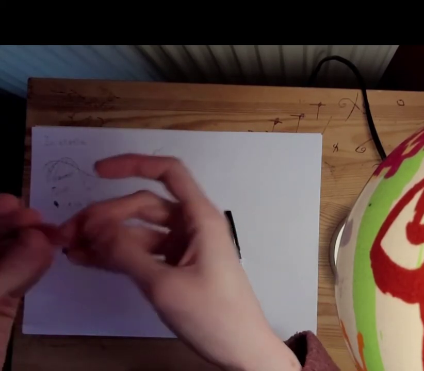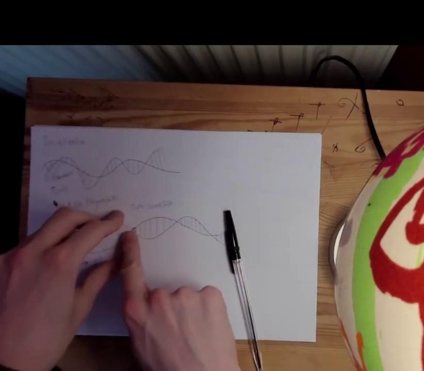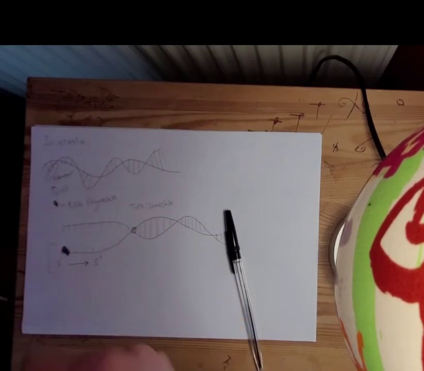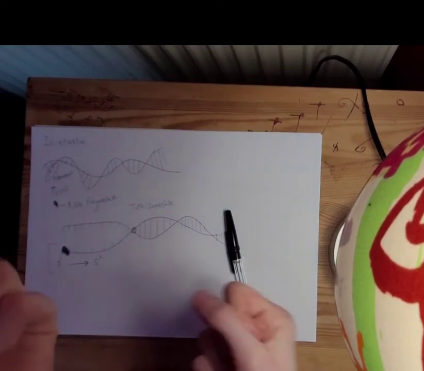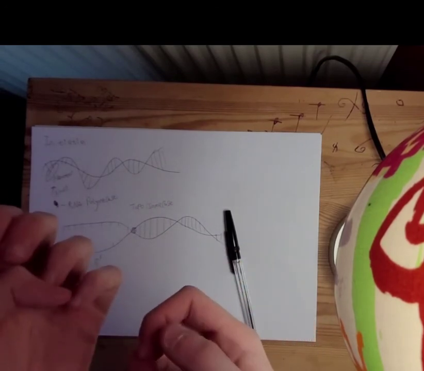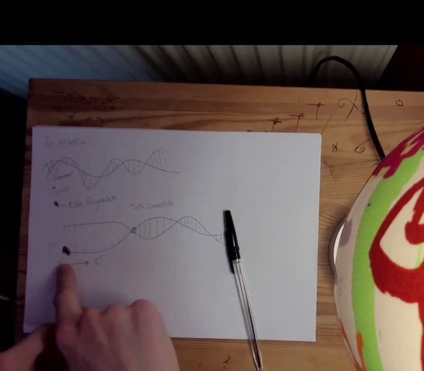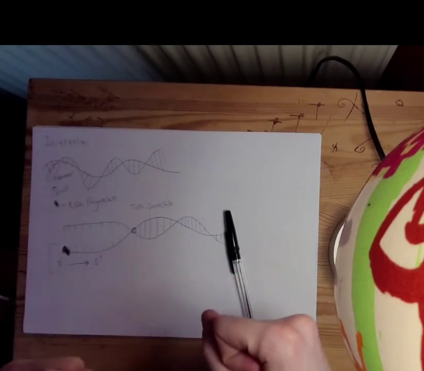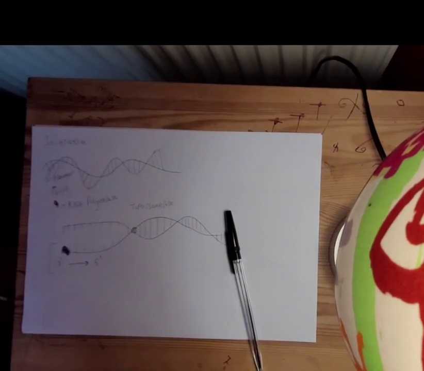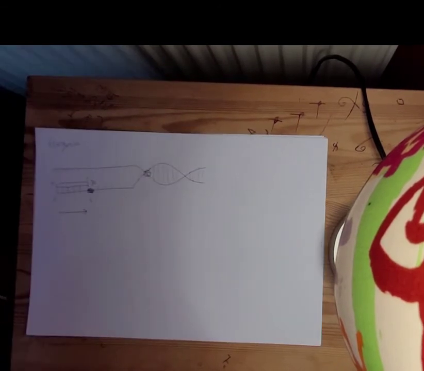So what topoisomerase does is it temporarily breaks the molecule and reattaches it, so the stress from the unwinding from the RNA polymerase is reduced. If you want more information on that, check out my second video in the series on DNA replication.